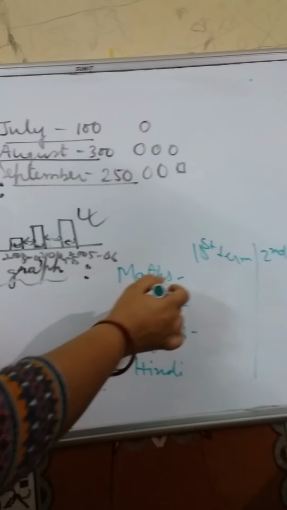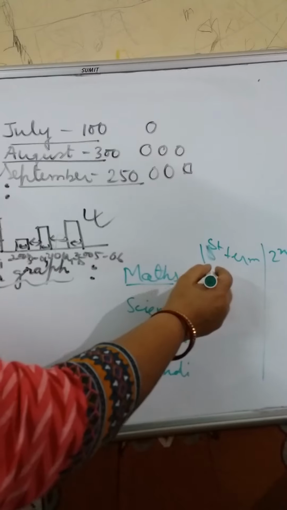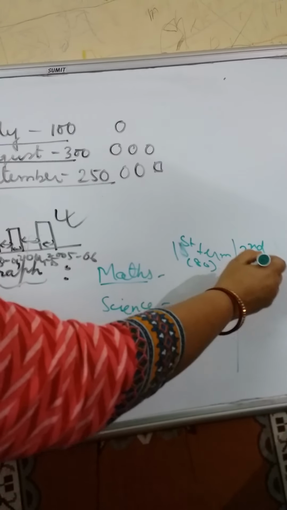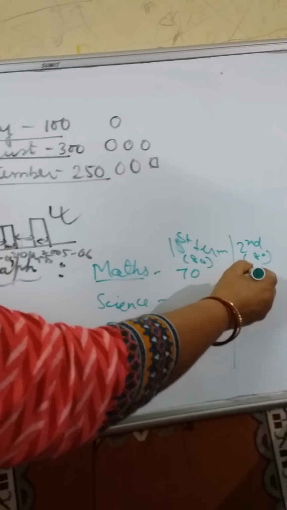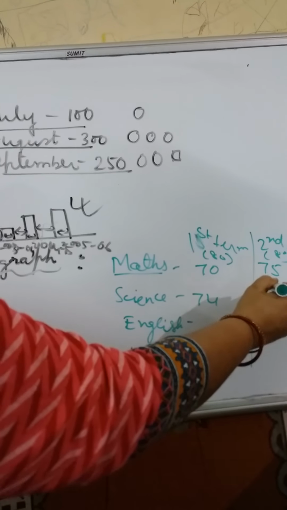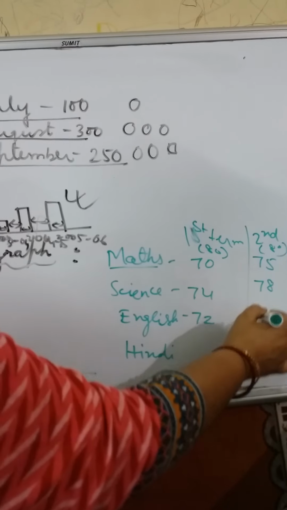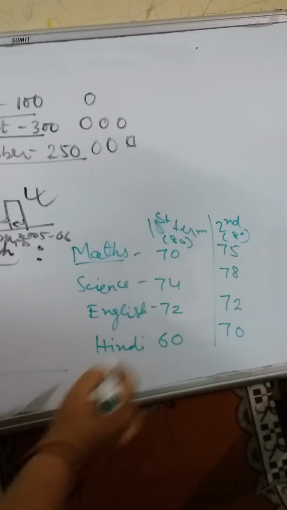Say in the first term in maths, out of 80, he has got 70. In the second term he has got 75. Science: 74 and 78. English: it is 72, and Hindi: this is 60, this is 70.